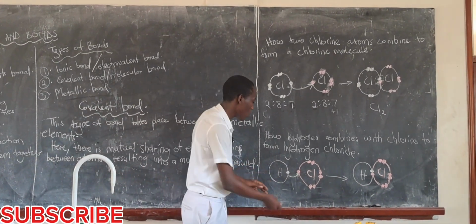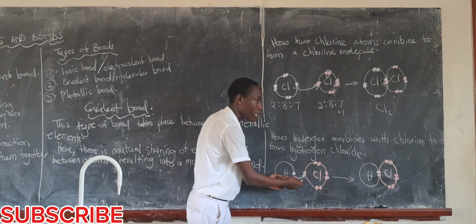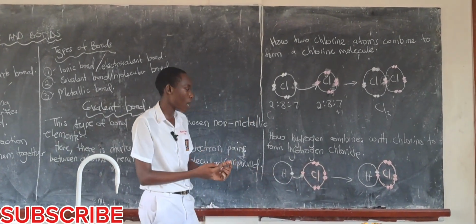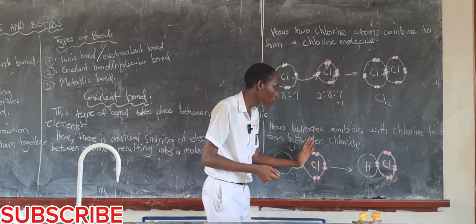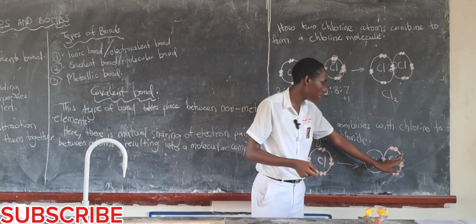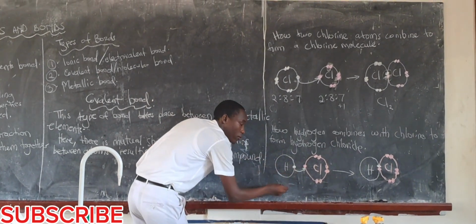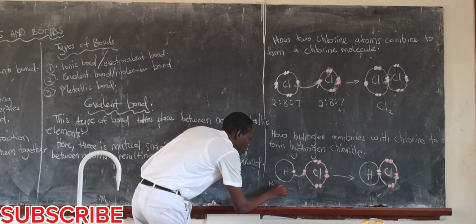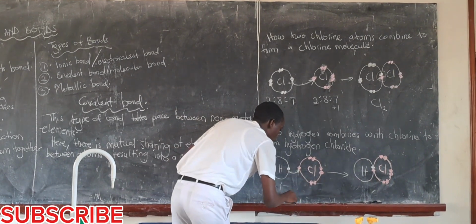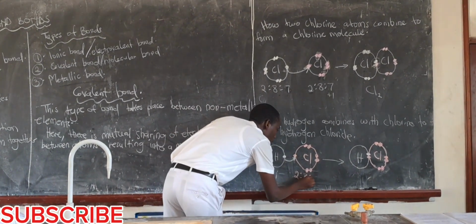So hydrogen will combine with chlorine, and they are going to share electrons so that they can now have a pair. And this pair will make hydrogen electronically stable, and also make chlorine electronically stable. So here we had the electronic configuration of hydrogen, which was 1, and the electronic configuration of chlorine, which was 2, 8, 7.